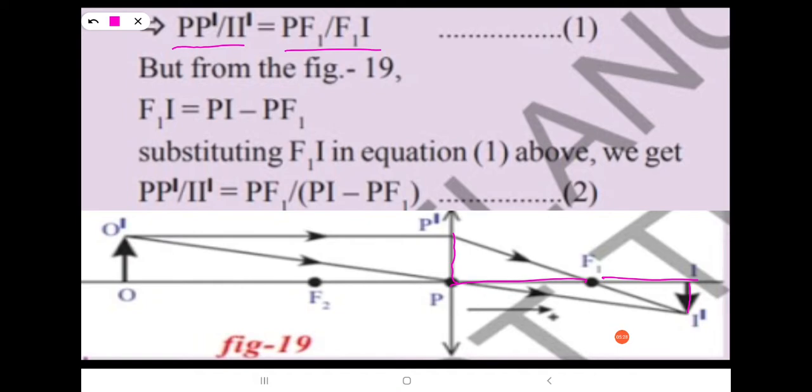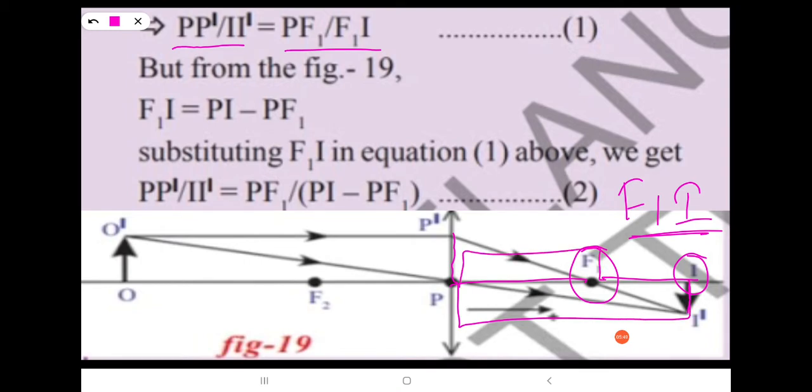So how do we measure the distance from the focal point to the image point? How can we calculate the F1I distance? We measure F1I as the distance from the pole to the image minus the distance from the pole to the focal point, that is PI minus PF1.